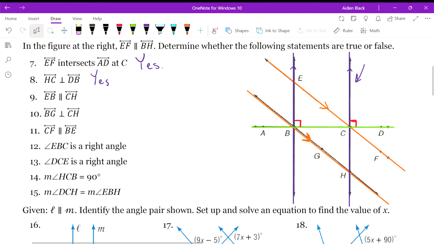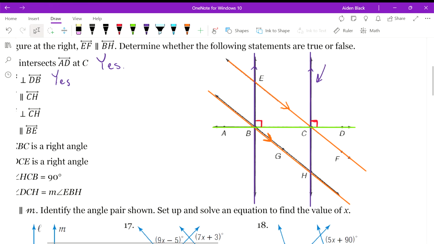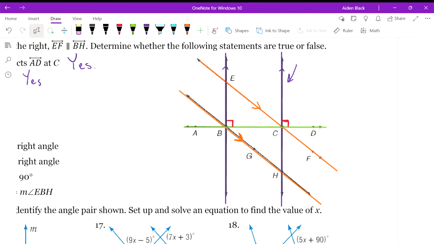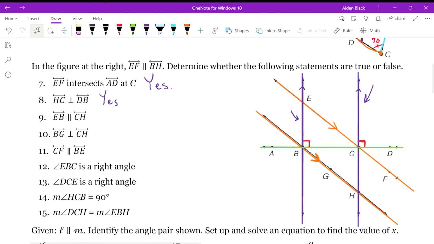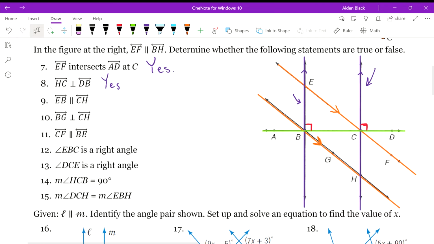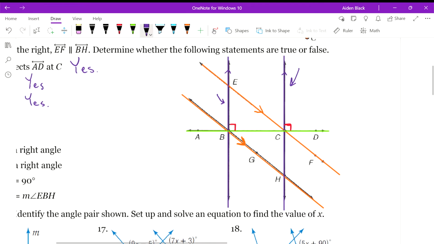Is EB parallel to CH? EB and CH, those are those purple lines. And we've already spoken about this. We know that they are parallel because of corresponding angles theorem, specifically the converse of corresponding angles theorem. BG is perpendicular to CH.